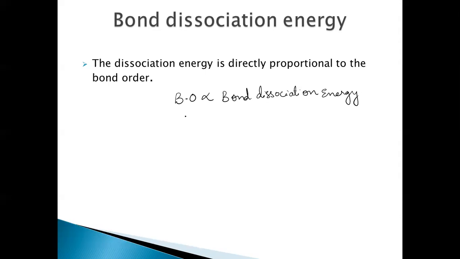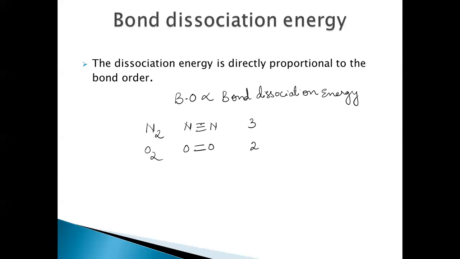For example, I have the same example, N2, where it is a triple bond, and O2, where it is a double bond. Here the bond order is 3, and here the bond order is 2. So the bond dissociation energy of N2 should be more than O2.